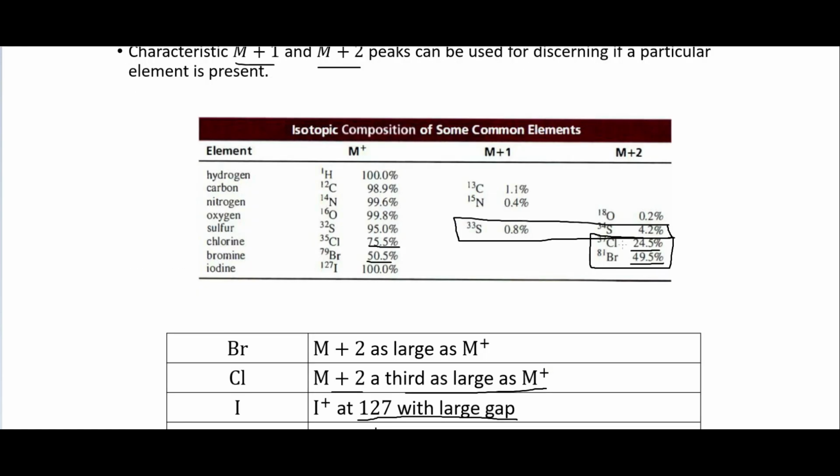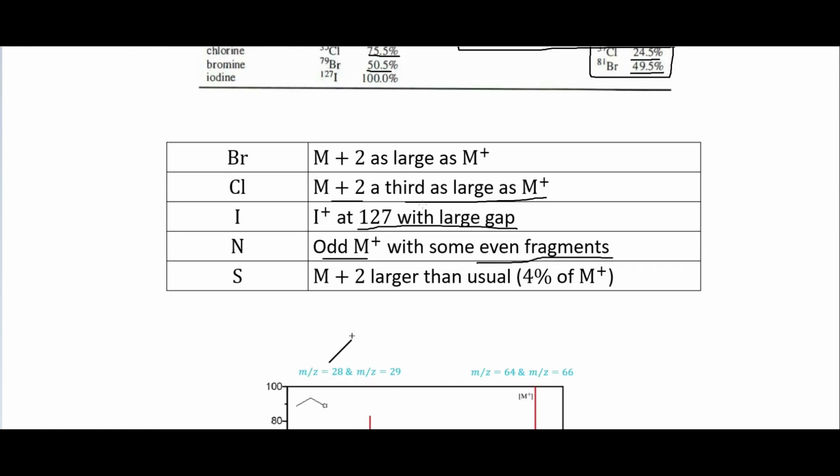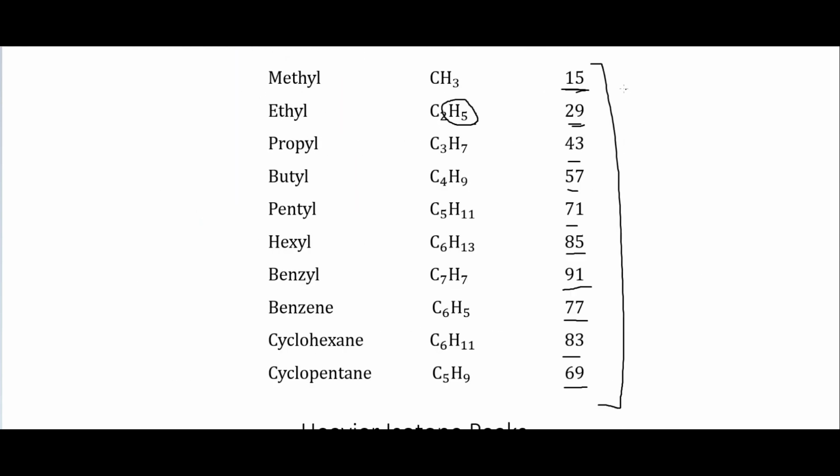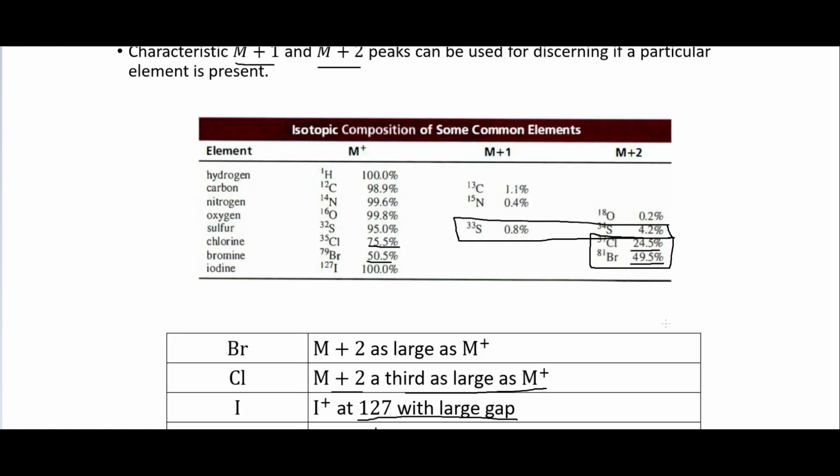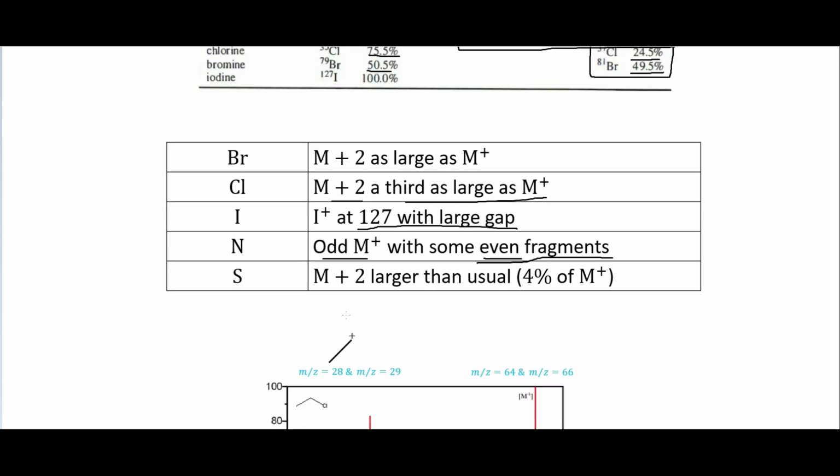When we have a nitrogen in it, our M+ peak will be odd, but our fragments will actually be even. So instead of getting these odd fragments right here, we would get even fragments when we have nitrogen involved. Then for sulfur, we see an M+2 peak that is slightly larger than usual, about 4% of our M+ peak.